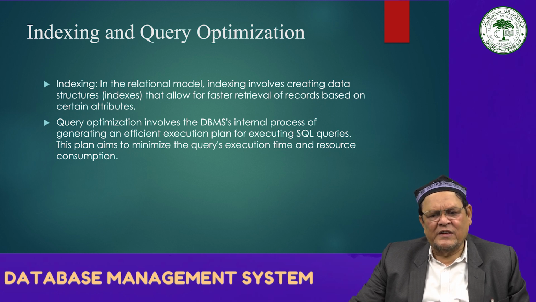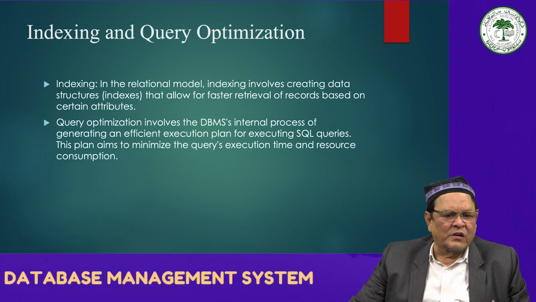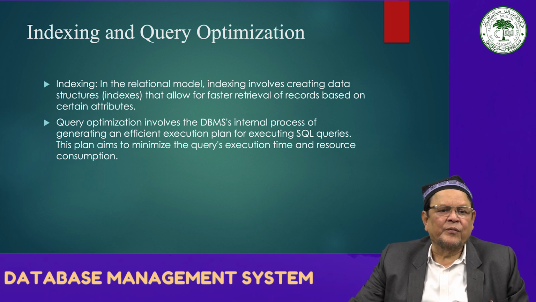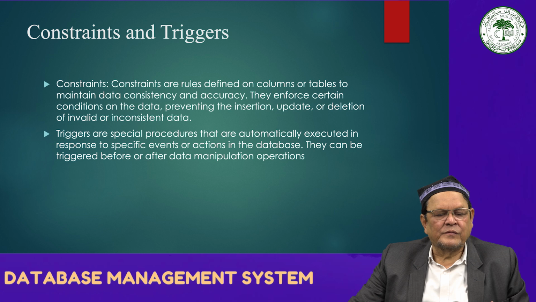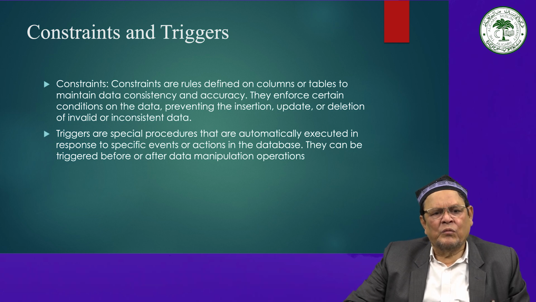Query optimization is essential in relational databases to ensure that queries are processed quickly and that system resources are utilized effectively. The next terms or keywords are constraints and triggers.